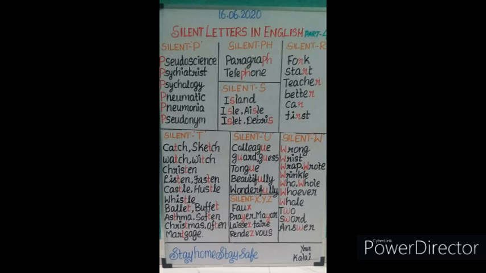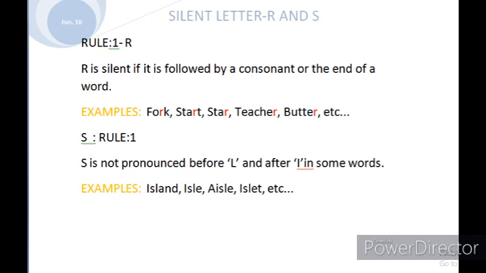Okay, friends. Now we'll move to the rule for silent letter R. R is silent if it is followed by a consonant or the end of a word. This we all may know. Is it not, children?